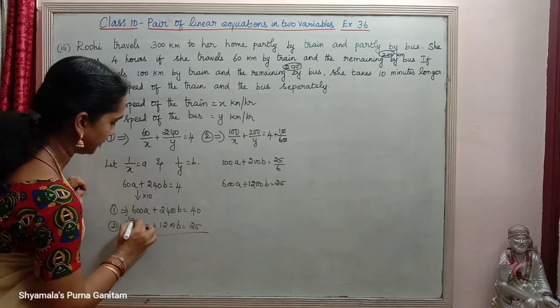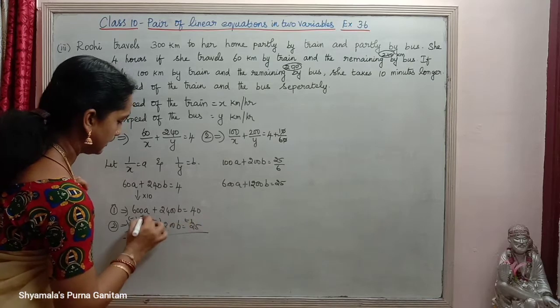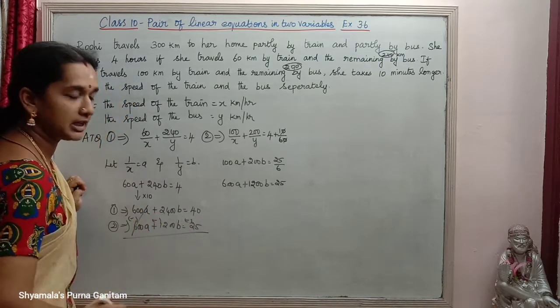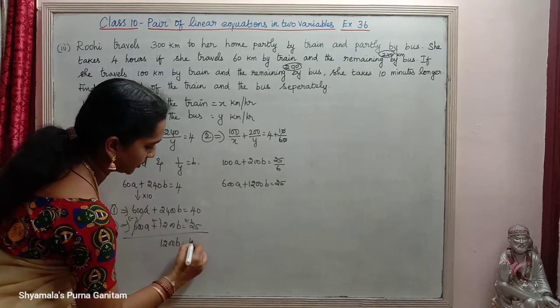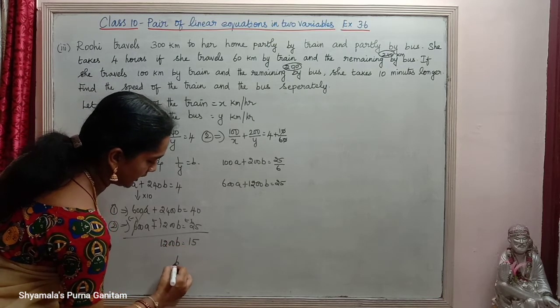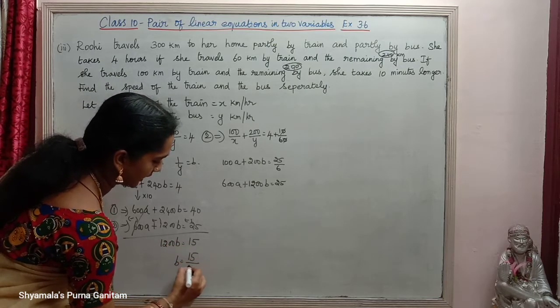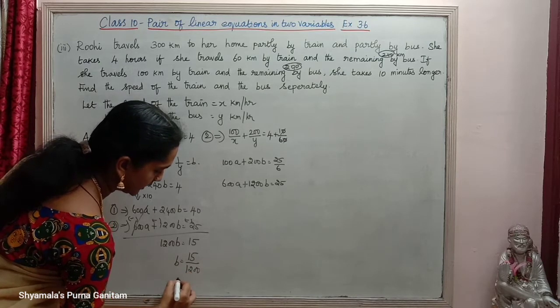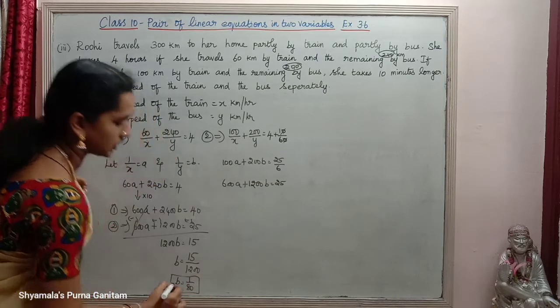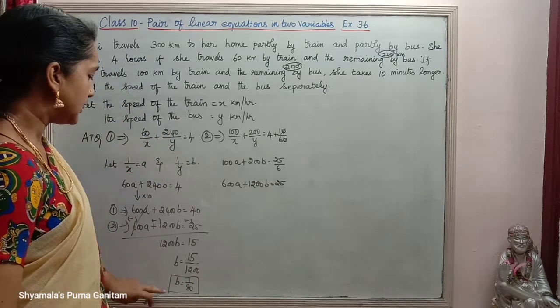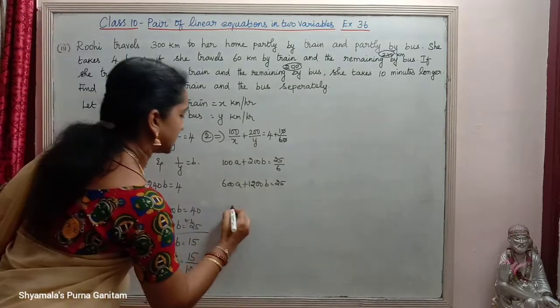So when we simplify this by subtracting, we will get A eliminated. So we will get 1200B is equal to 15. So B is equal to 15 by 1200. So B is equal to 1 by 80. Okay, so now we got B value.